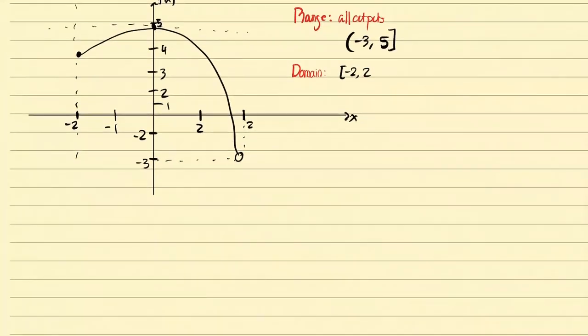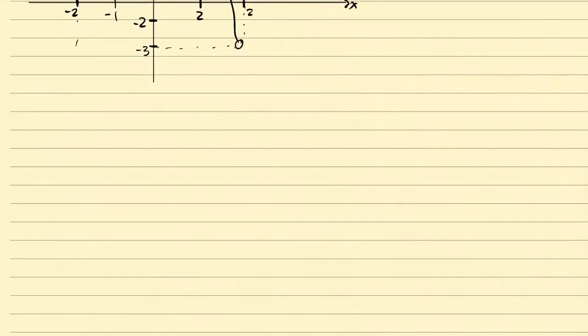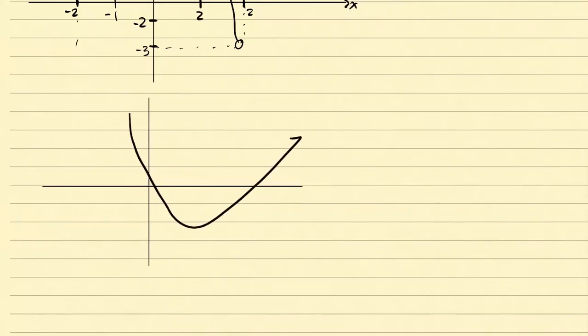Let's try another one. So these arrows are just a way to write that this goes on forever.